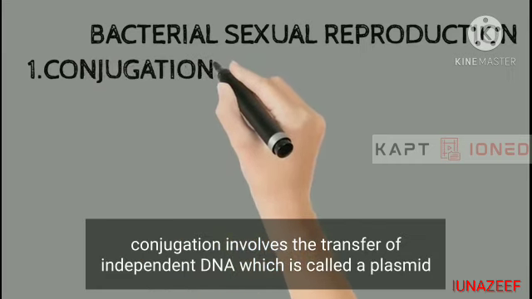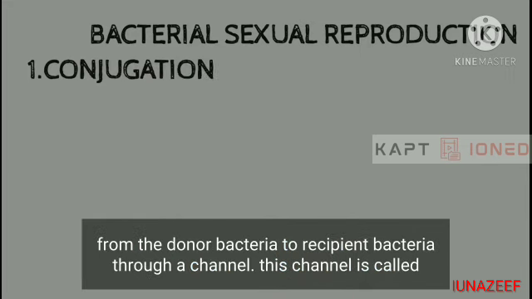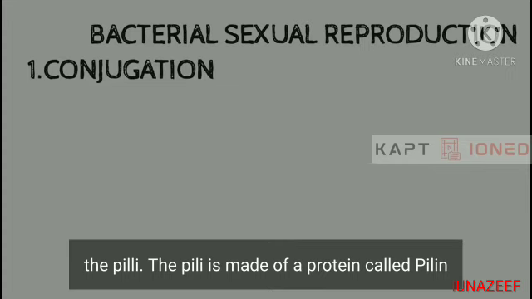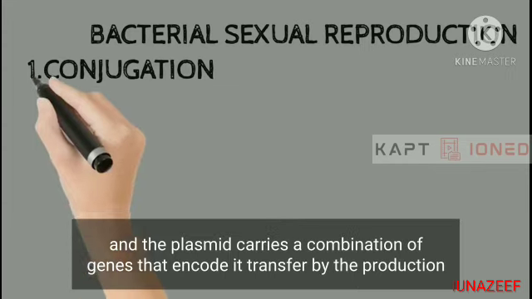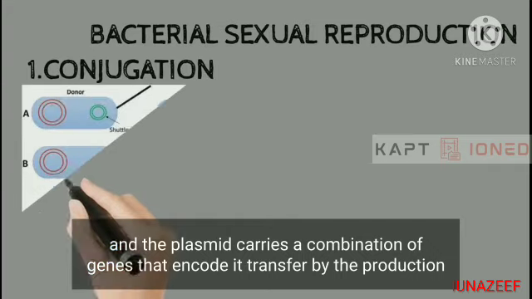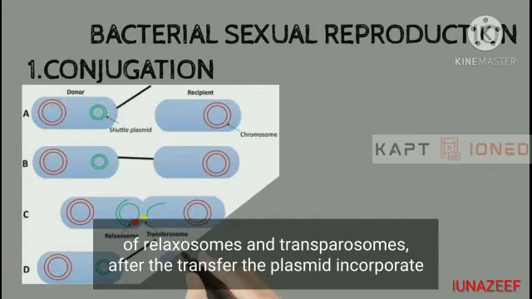Conjugation involves the transfer of independent DNA, which is called the plasmid, from the donor bacteria to the recipient bacteria through a channel. This channel is called the pili. Pili is made of a protein called pilin, and the plasmid carries a combination of genes that encode the transfer by the production of relaxosomes and transferosomes.